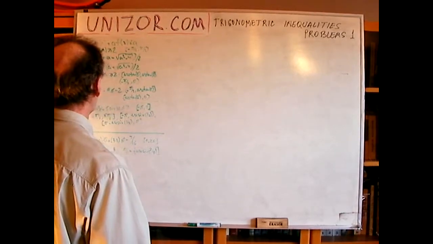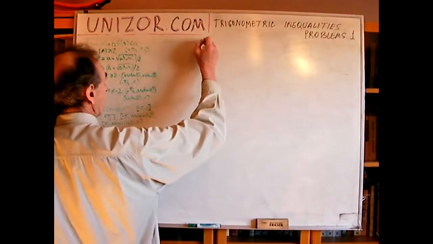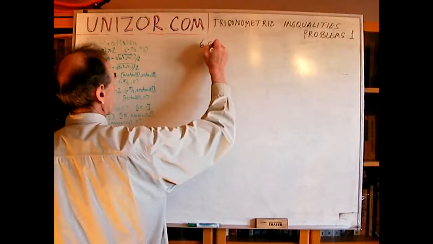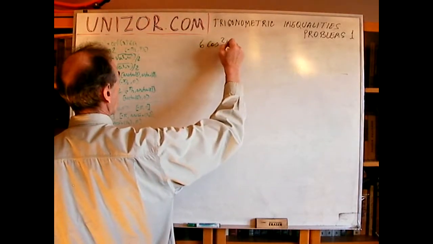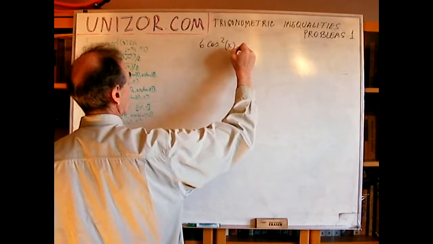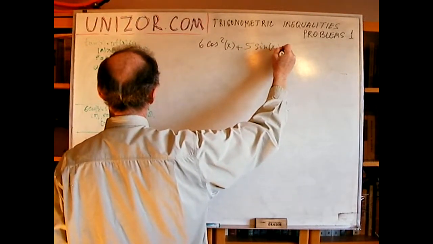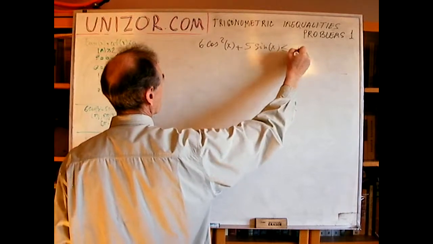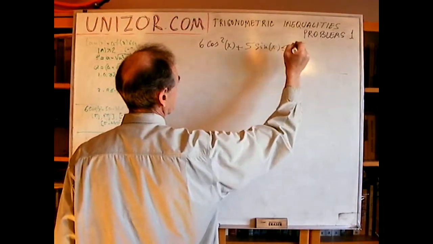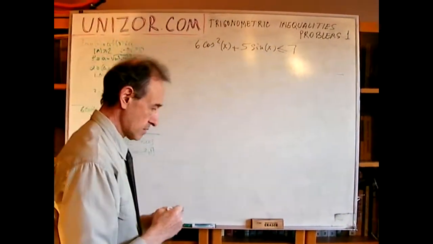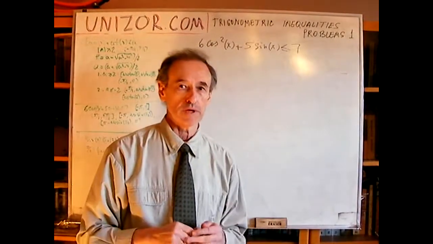Okay, now, next one. 6 cosine square x plus 5 sine x less than or equal to 7. Again, the problem is we have a mixture of different trigonometric functions.